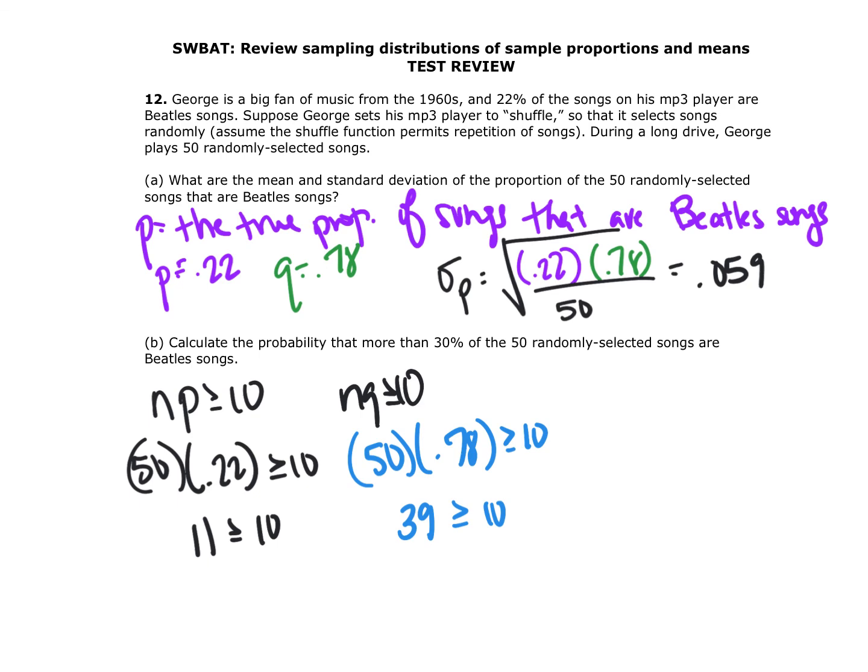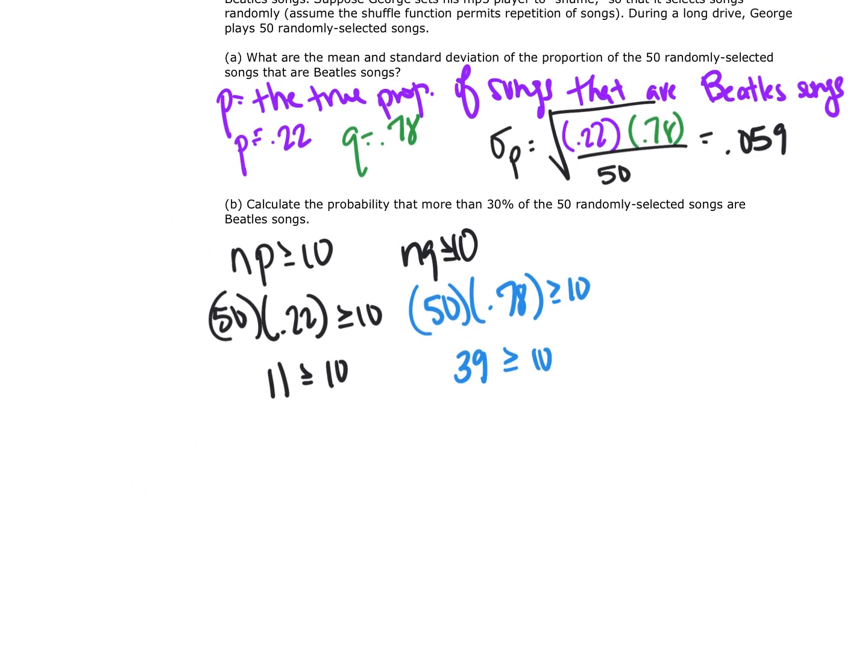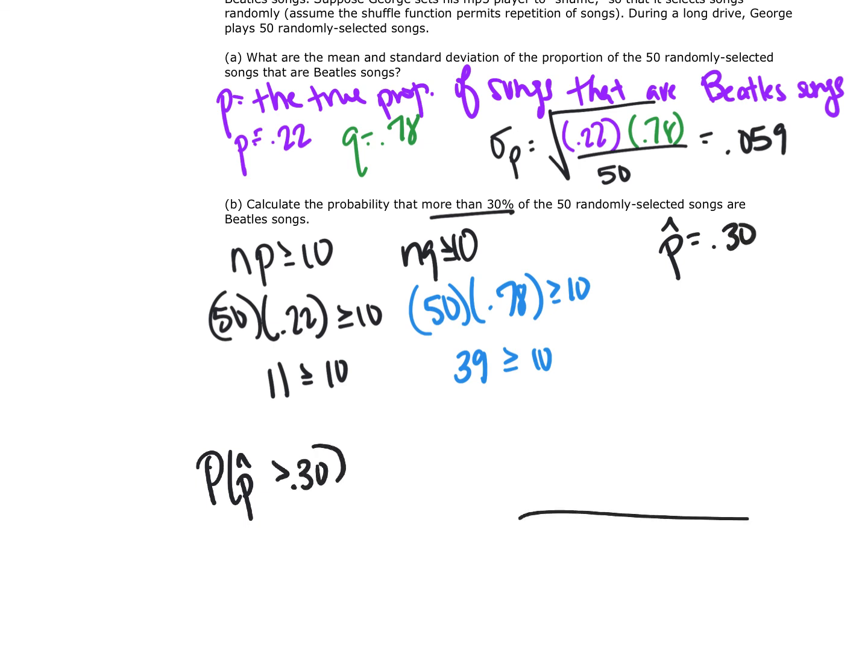Because of that, we know the distribution is going to be normal. And because it's going to be normal, I want to find the probability that p hat in this case is more than 30%. The p hat here is 0.3. Draw your normal curve here. The mean is at 0.22. Greater than 30% is here at 0.3, shaded to the right. This is normal CDF.